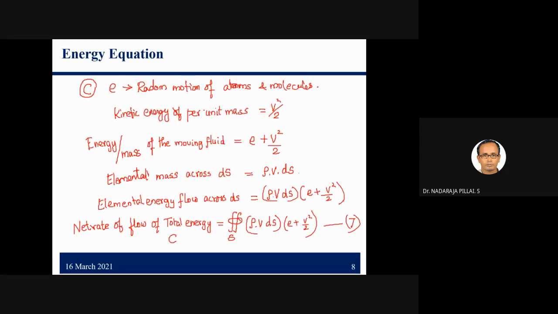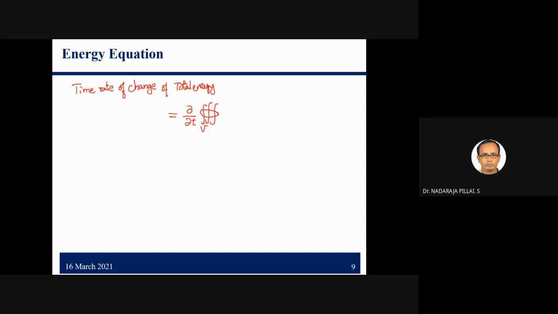Here we have taken the net rate of flow of total energy as 7, and you remember in the momentum equation we considered the time rate of change of momentum. Similarly, here the time rate of change of total energy is due to the transient fluctuation.